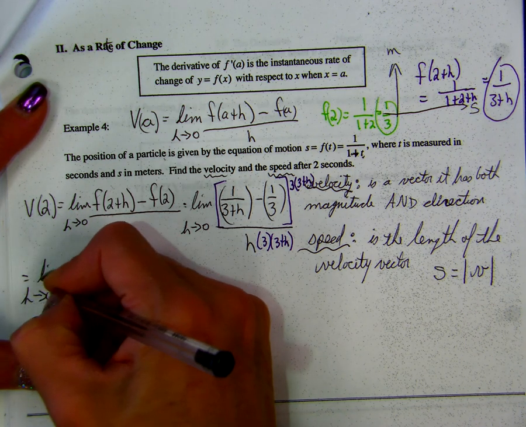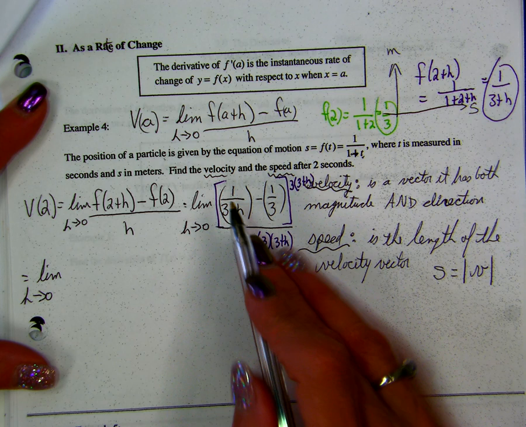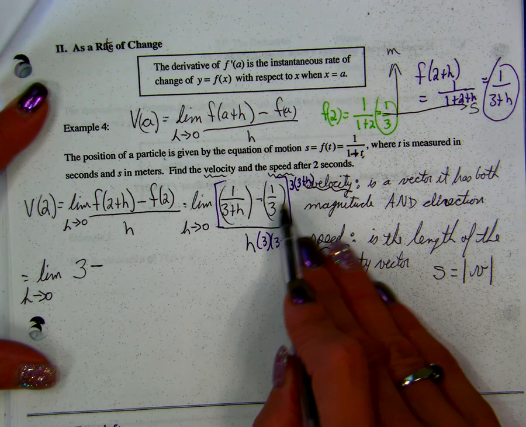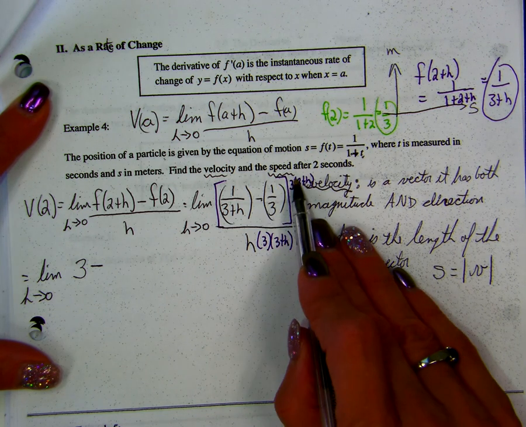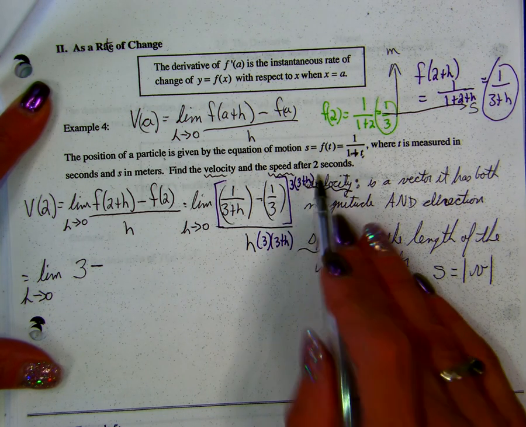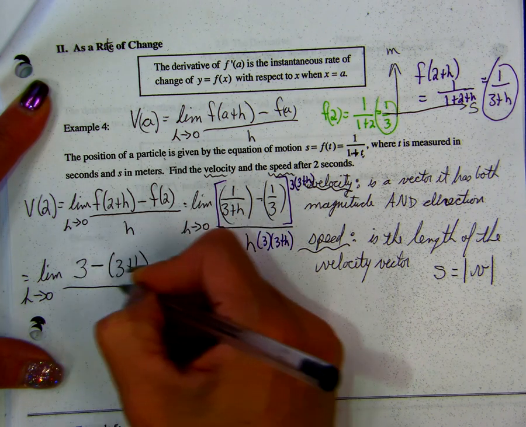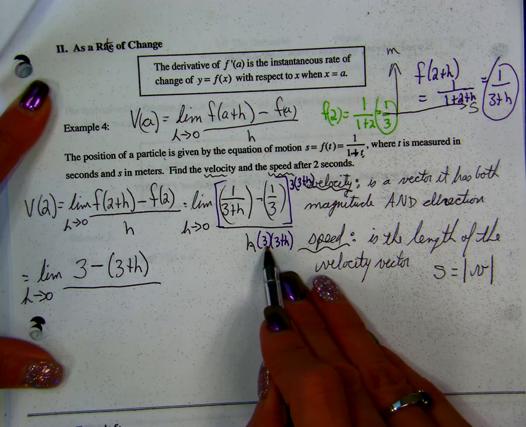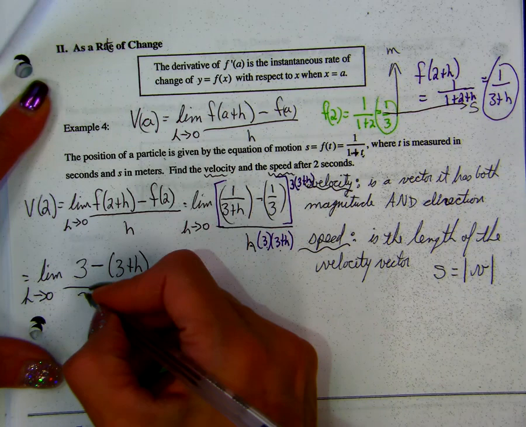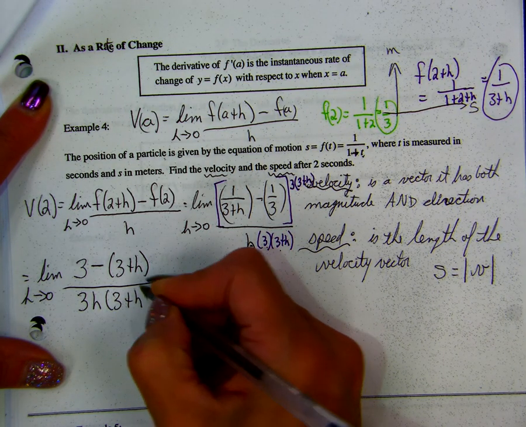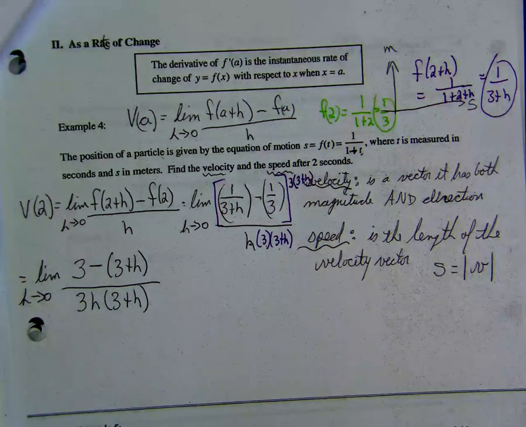h approaches 0. Distributing this through, I'm going to just have a 3 minus, watch your signs. When I distribute it to this term, the 3's cancel, and I'm left with a 3 plus h. Watch your signs. All over h times 3 plus h. I'm just going to write it in a different order and leave it in factored form.